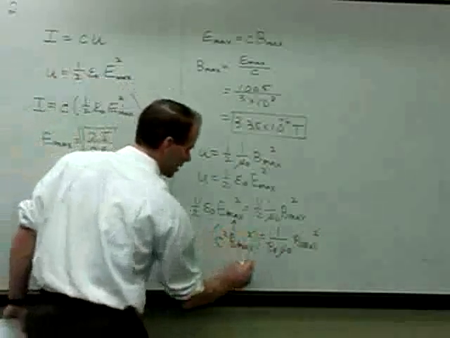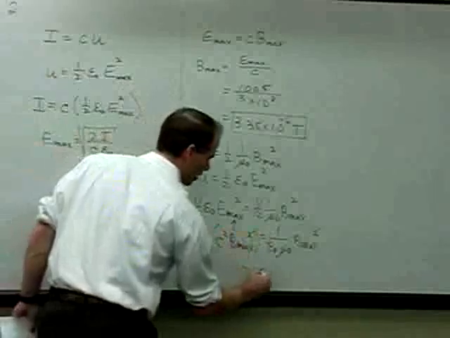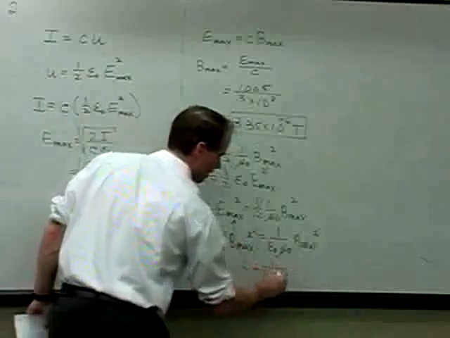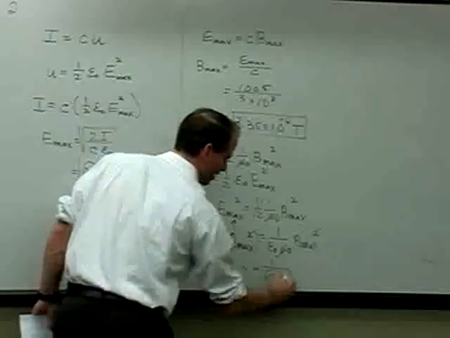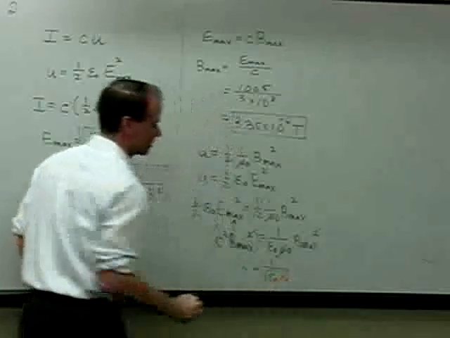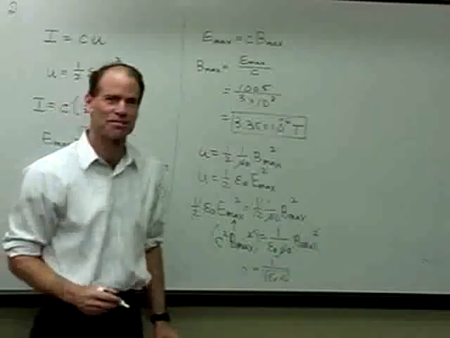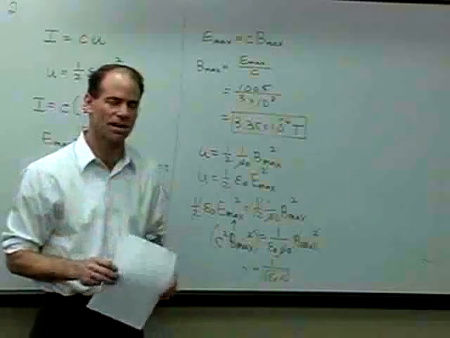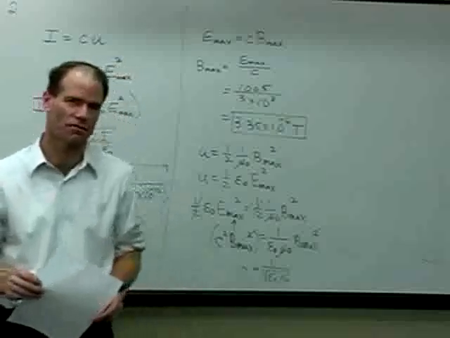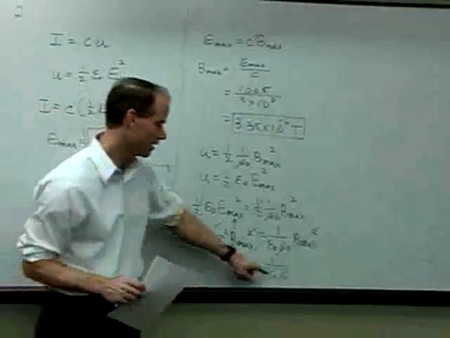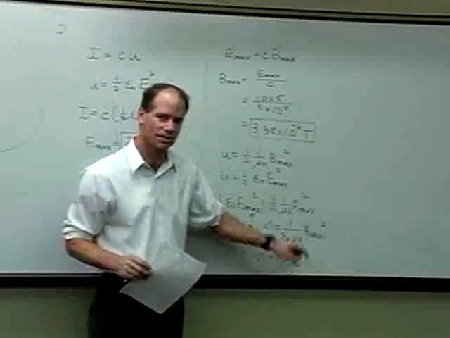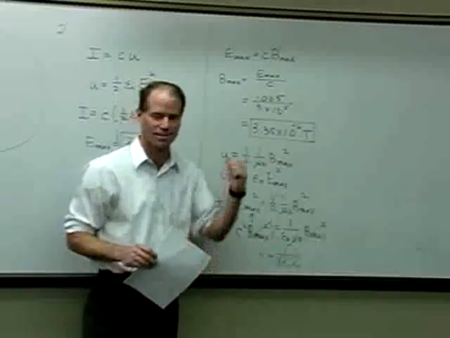Take the square root of both sides, and you get the speed of light is equal to 1 over the square root of epsilon naught times mu naught. So with those definite constants that you can find on the cover of your book, at 8.85 times 10 to the minus 12 times 4 pi times 10 to the minus 7, take the square root, 1 over that, you get the speed of light.